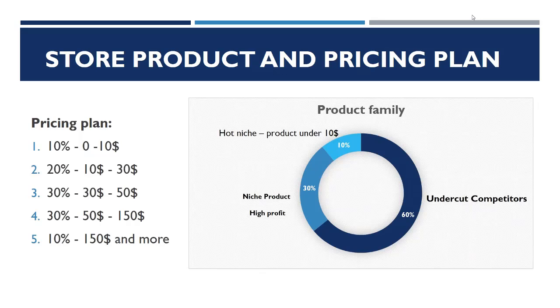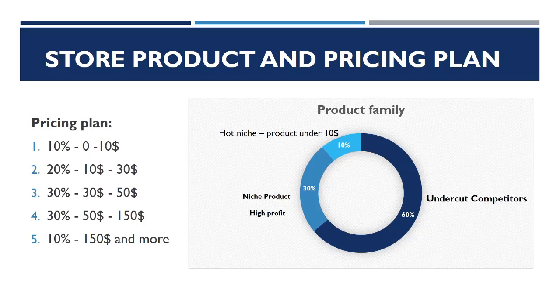First of all, we will start with the product family, okay? It's more important for beginners, but it's for everyone, we need to make sure which kind of product we put in our store, okay? We cannot just put the same kind of product and hope to have sales. So we need to have a product plan, okay?